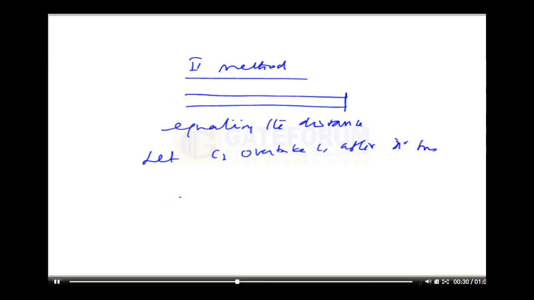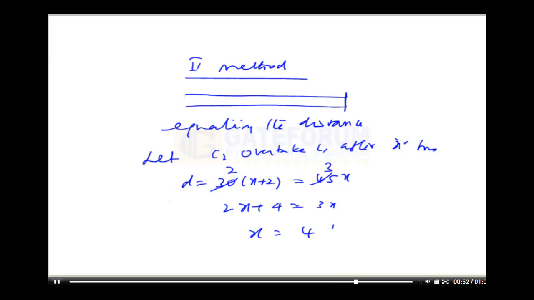If C2 is traveling for x hours, C1 is traveling for how many hours? C1 is traveling for 2 hours longer. Then the distance is speed into time, at the rate of 30, x plus 2, same as 45x. Dividing by 15, 2 times and 3 times. So 2x plus 4 is equal to 3x, or x is equal to 4 hours.